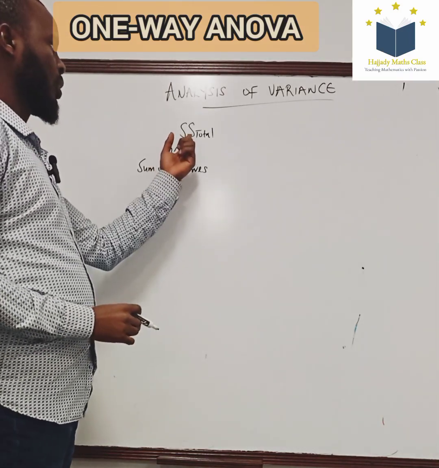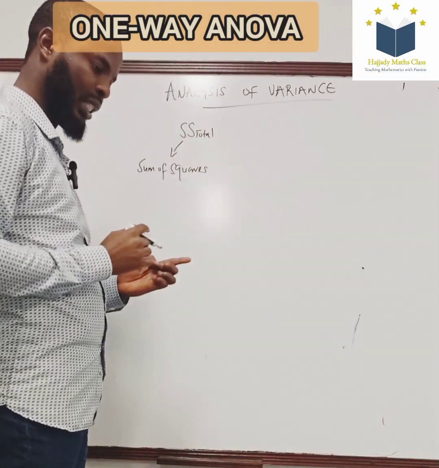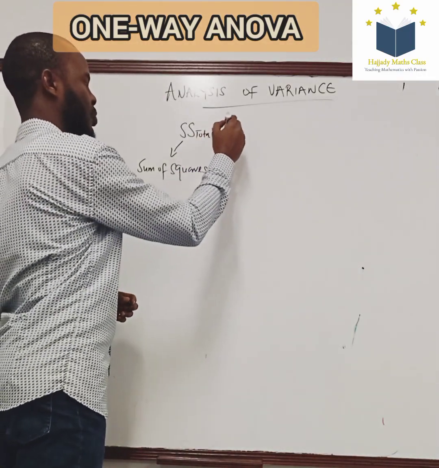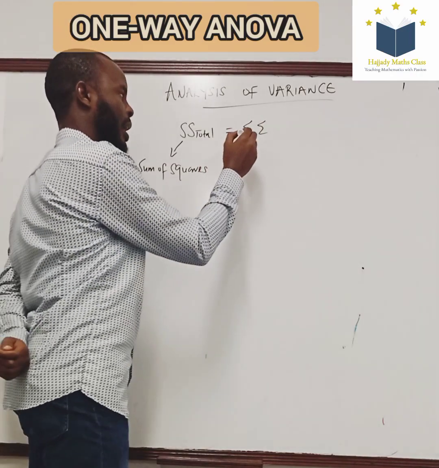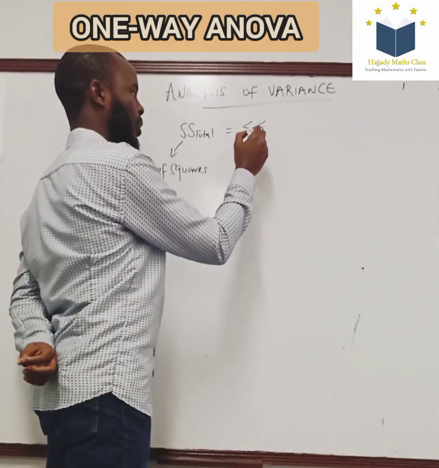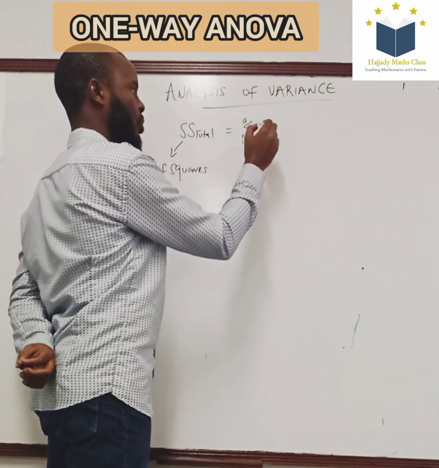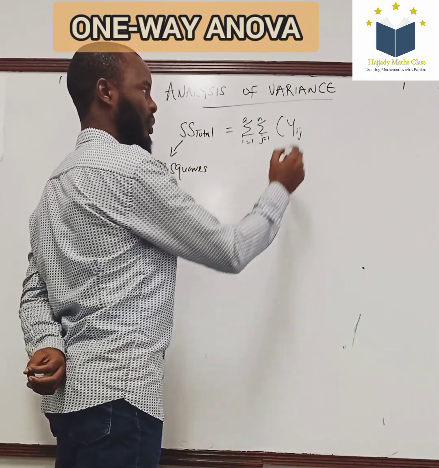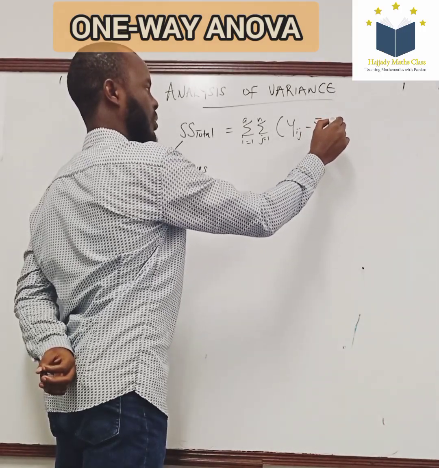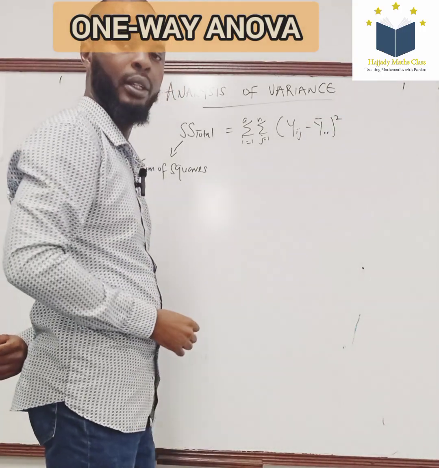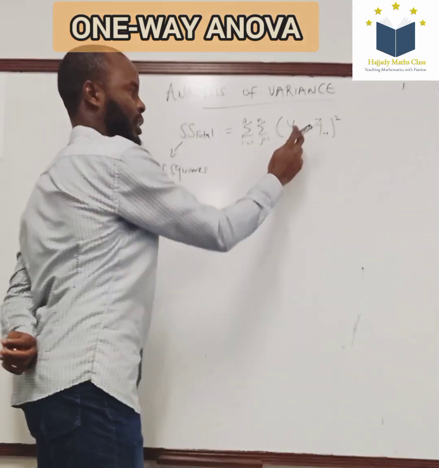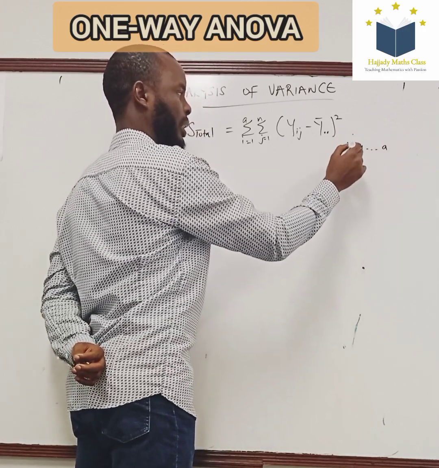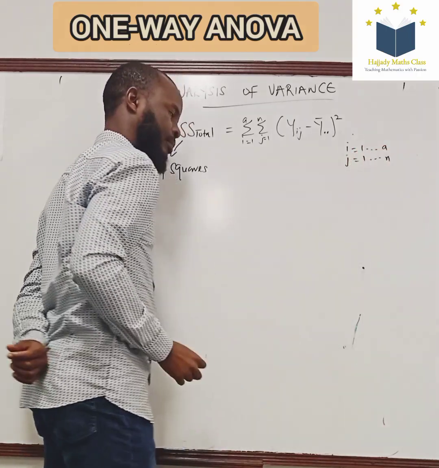So for the total, that means for the general treatment, we have our SS total as a double summation, where my i sums from 1 to a, and my j sums from 1 to n, of Yij, which is the individual observation, minus the overall mean, squared. And don't forget that our i sums from 1 to a, and j sums from 1 to n.